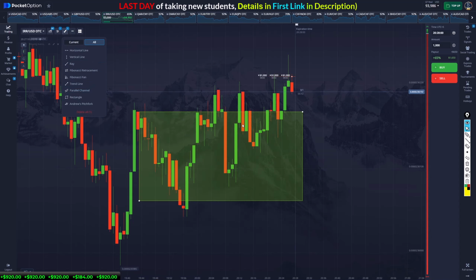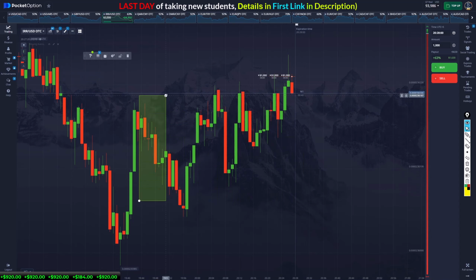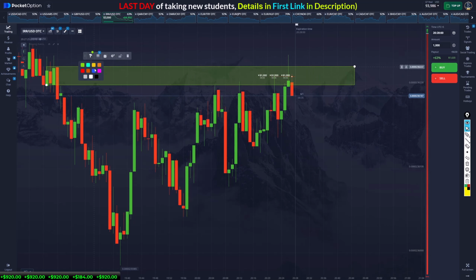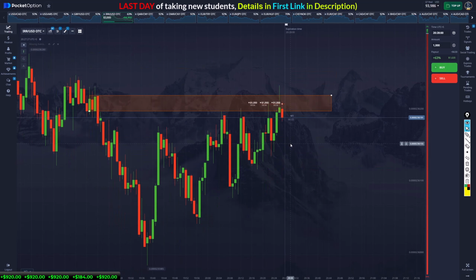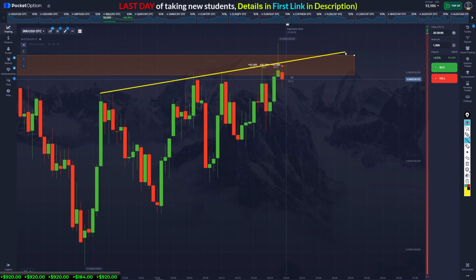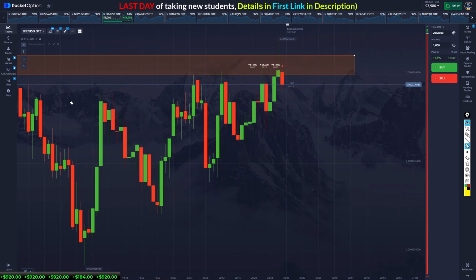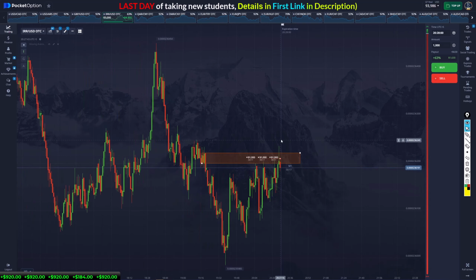So basically this is in line with, you already know, supply area where the sellers love to enter. Common point of rejections, multiple rejections from this line, and a wedge. Basic market structure. Everything in line.